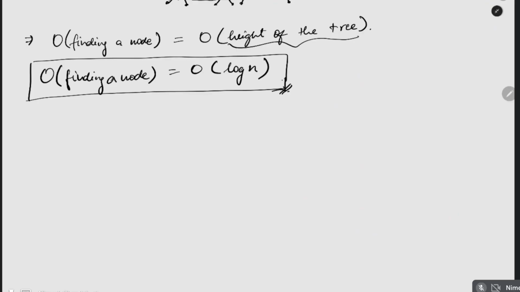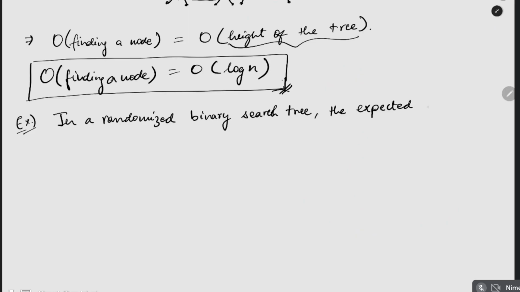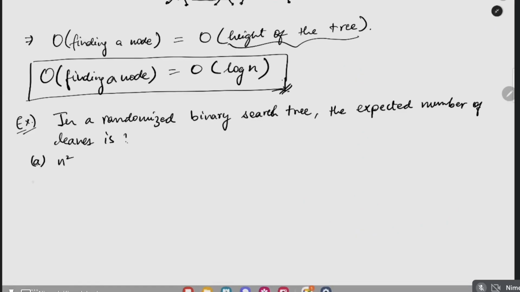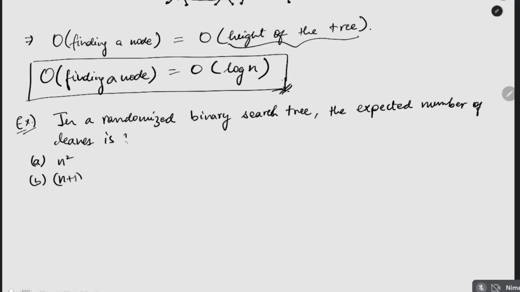Yeah, let's continue. So another example: in a randomized binary search tree, the expected number of leaves is n squared plus 1 over 3, n plus 1 over 2, n minus 3 over 2, right?